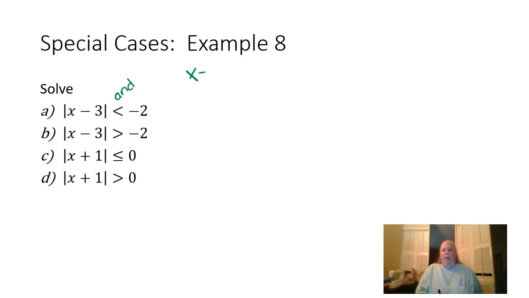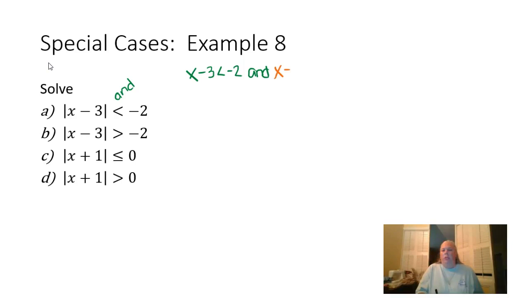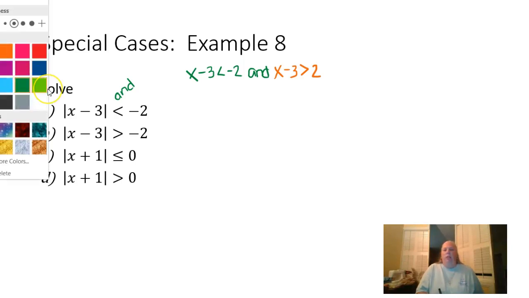We're going to have x minus 3 is less than -2, and its partner inequality, which is going to change my sign in the other direction and change the sign on the -2, will be x minus 3 is greater than +2. Now we'll solve each of these inequalities individually.